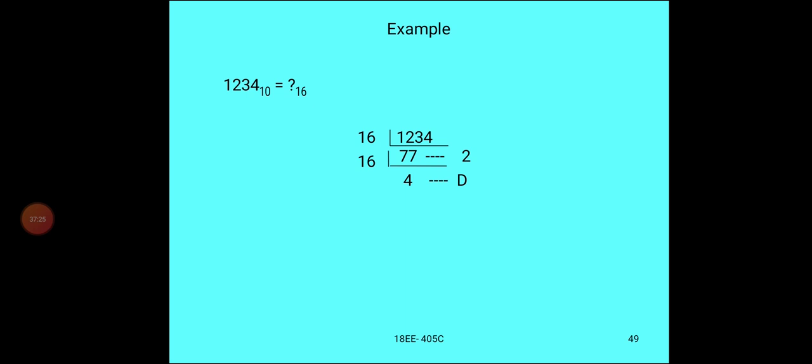Now 1234 of base 10 is converted into radix 16. 1234 is repeatedly divided by 16. Write down the quotients and remainders. We get the answer 4D2 of radix 16.